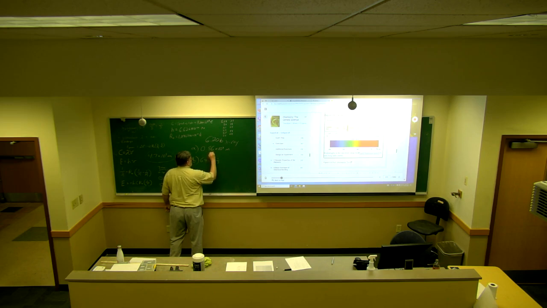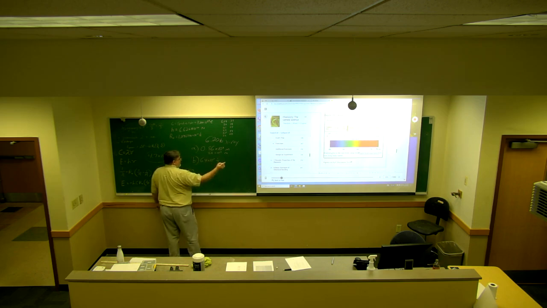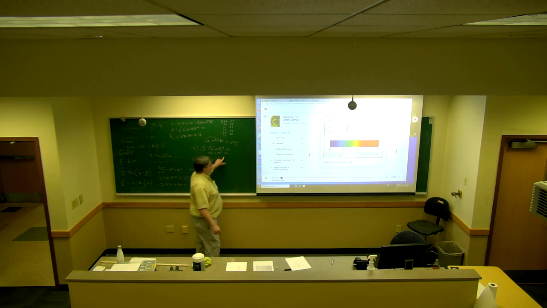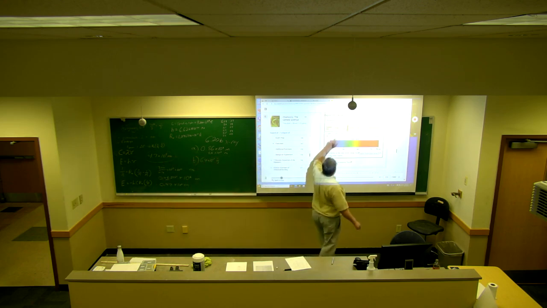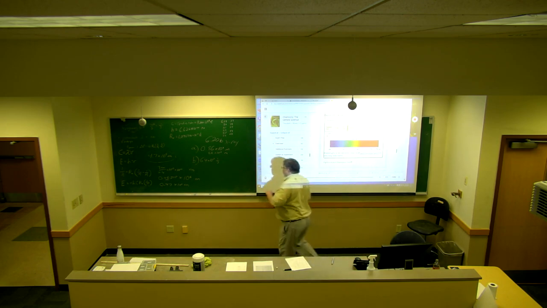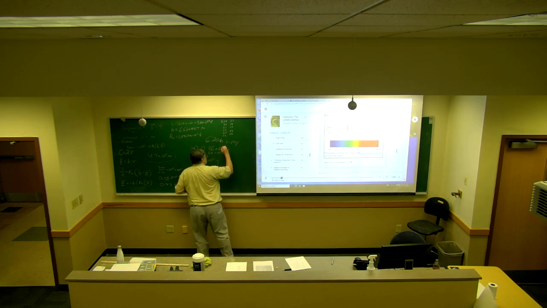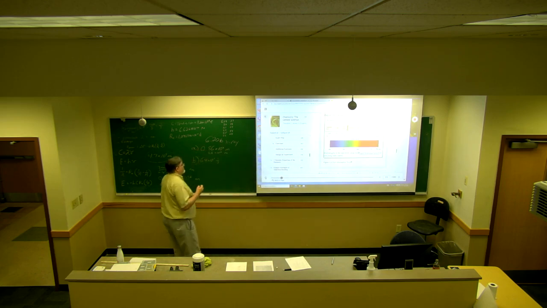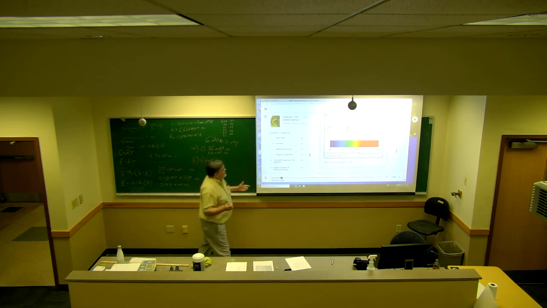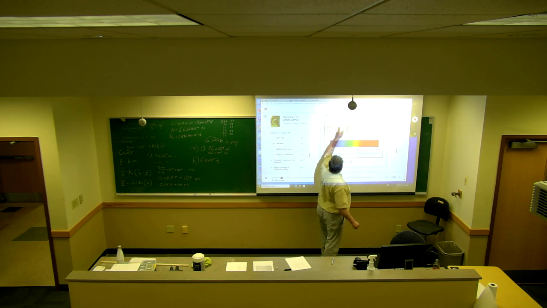Maybe I should say 8.6, because it's really this we look at on this chart. So we're into the 10 to the 8 range in meters for A. Negative 9. 10 to the negative 9 meters. So we're in the 10 to the negative 9 area. So that puts us in X-rays.